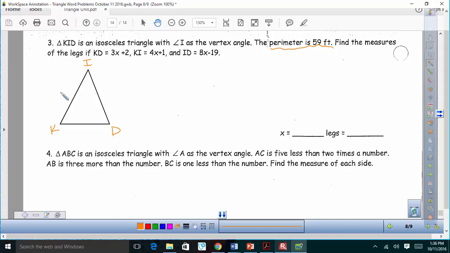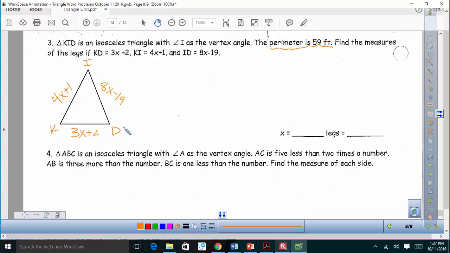Okay, so from K to D is 3x plus 2. And KI, it'd be nice if I labeled it correctly. Okay, KI is 4x plus 1, and KD is 3x plus 2. This is 3x plus 2, and this is 8x minus 19.